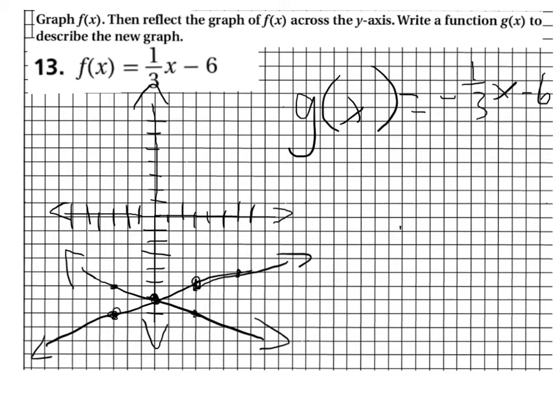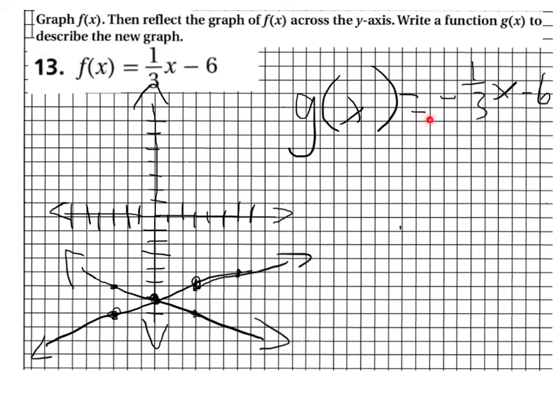So first, I graphed the function f of x, which is f of x equals 1/3 x minus 6, which is here. And then I flipped it, or reflected, f of x across the y-axis to get g of x here. And then I wrote a function for the new graph.